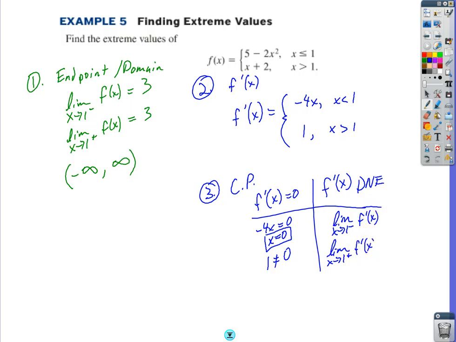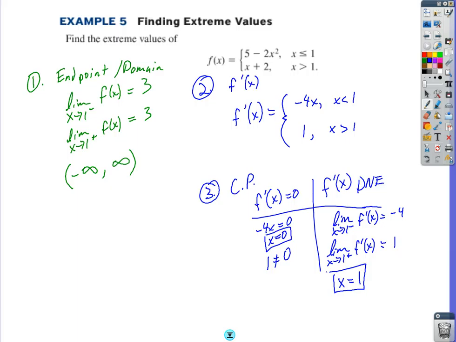So I can see if my derivatives meet, my slopes meet. Okay, so this one here, I plug that in, that's -4, and this one is 1, which means I have a jump discontinuity in my derivative, which means my derivative does not exist there, which means that the point x equals 1 is a critical point.